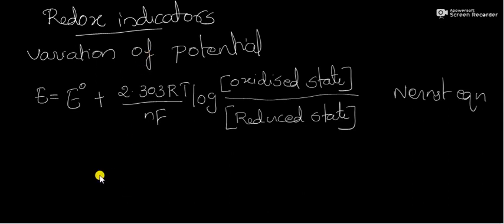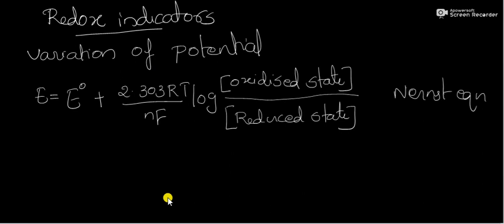A redox indicator is the one which marks the end point of a redox titration by undergoing a color change in response to the sudden change in potential that occurs in the vicinity of the equivalence point. Same as our acid base indicator.